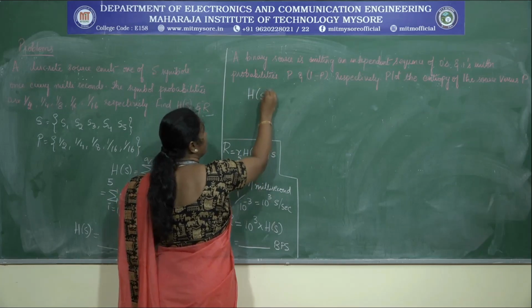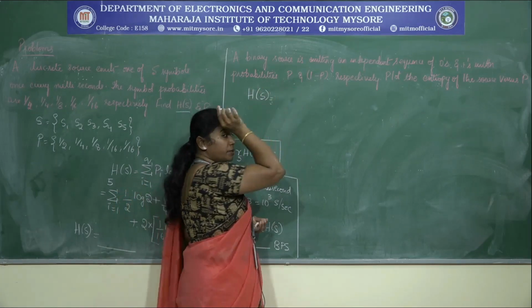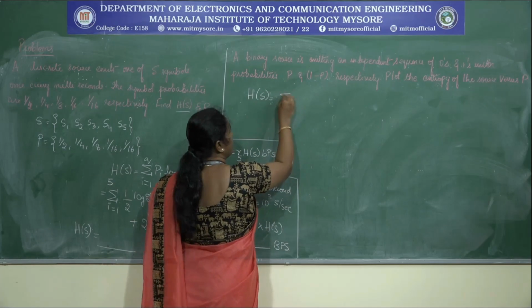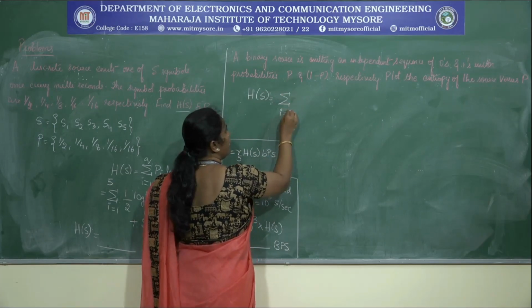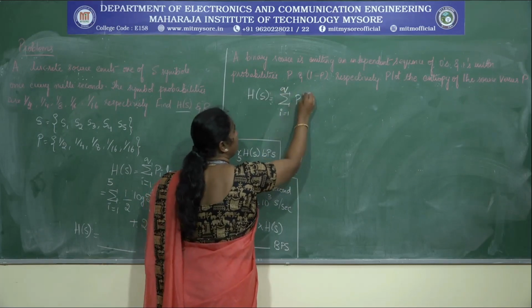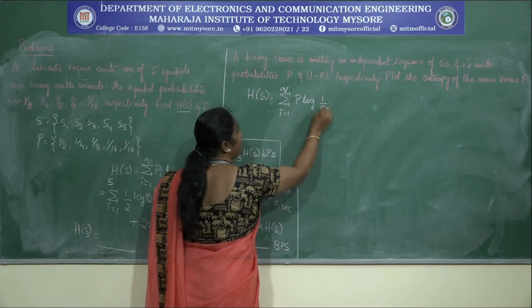So we have the entropy equation as H of S is equal to, if we consider the probability as P, summation of i is equal to 1 to q P log of 1 by Pi.